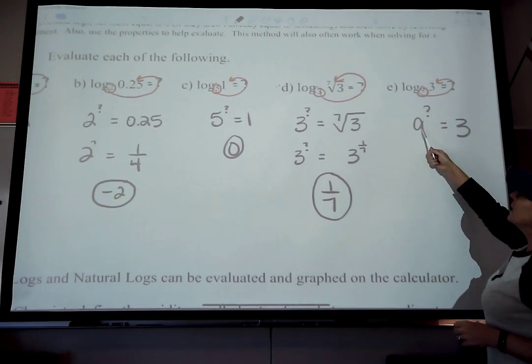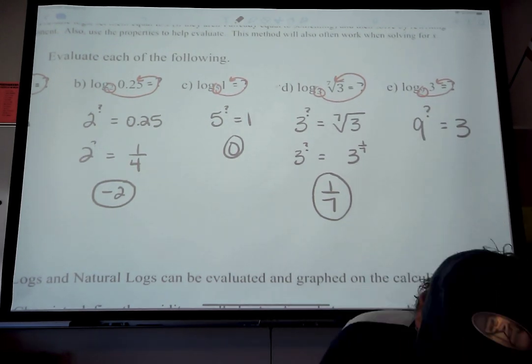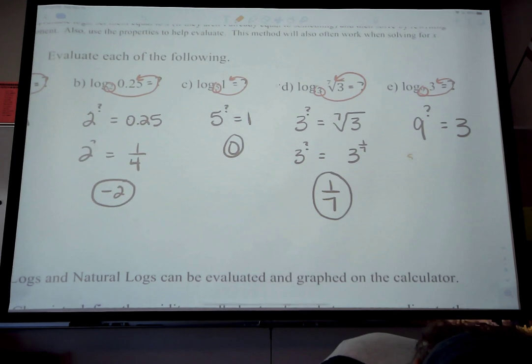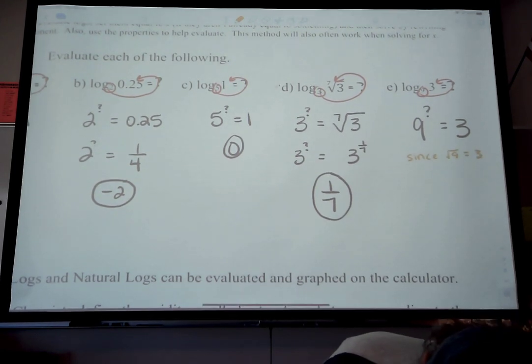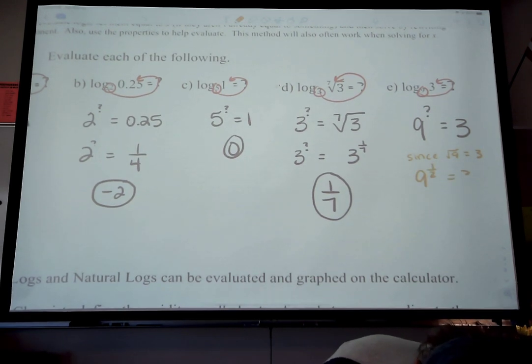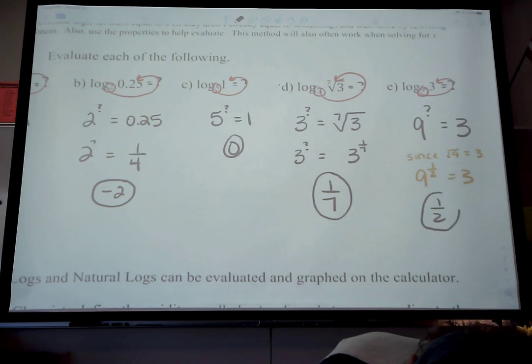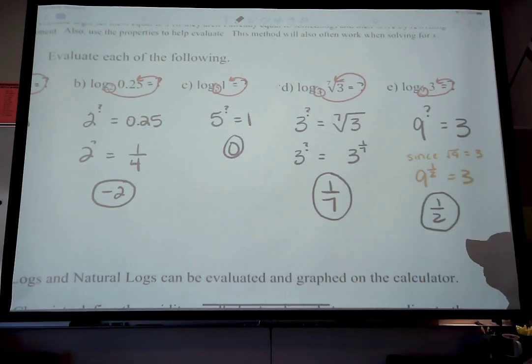So we actually know that if we square root 9, we get 3. Since the square root of 9 is 3, then I think that 9 to the 1/2 power is 3. So our answer is 1/2.